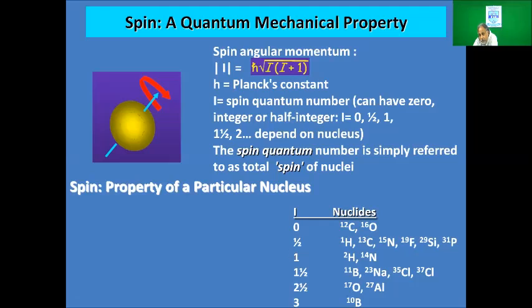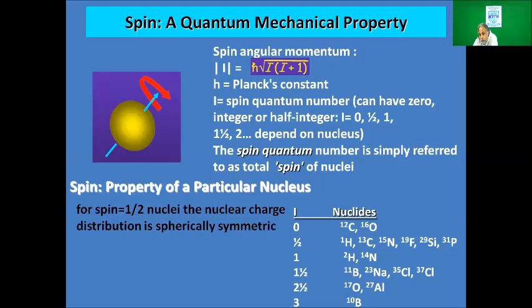So once again, we can say I is the characteristic property of the nucleus, and this is the basic key part of NMR. When we see I equal to half, that is spin equal to half, for this nucleus the nuclear charge distribution is spherically symmetric.